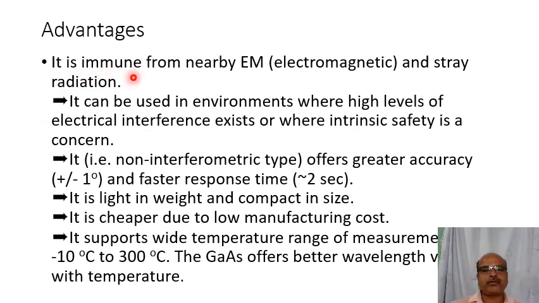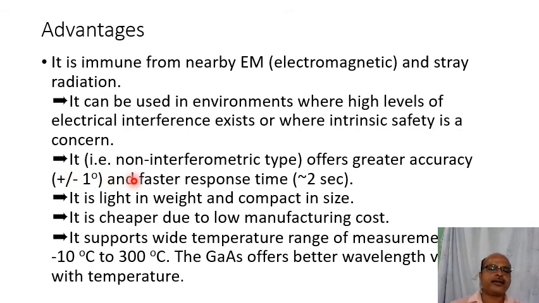So the advantages of these optical fiber temperature sensors are: it is immune from nearby electromagnetic and stray radiation, it can be used in environments where high levels of electrical interference exist, or where intrinsic safety is a concern.